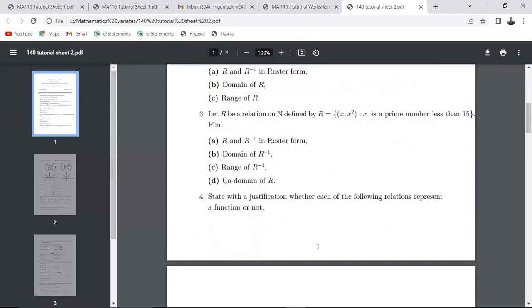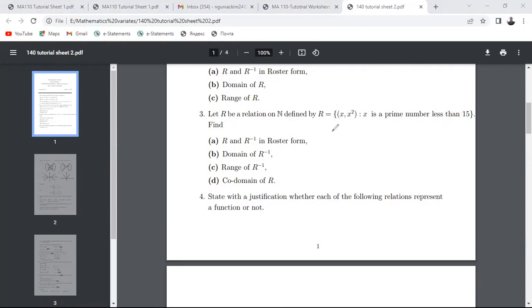Now, counting numbers, it's 1, 2, 3, 4, 5, 6. In other words, they are whole numbers. Those are natural numbers. But then there is a condition here to say this R is x comma x squared. So you just don't get any out. Then they tell you that x is a prime number less than 15.